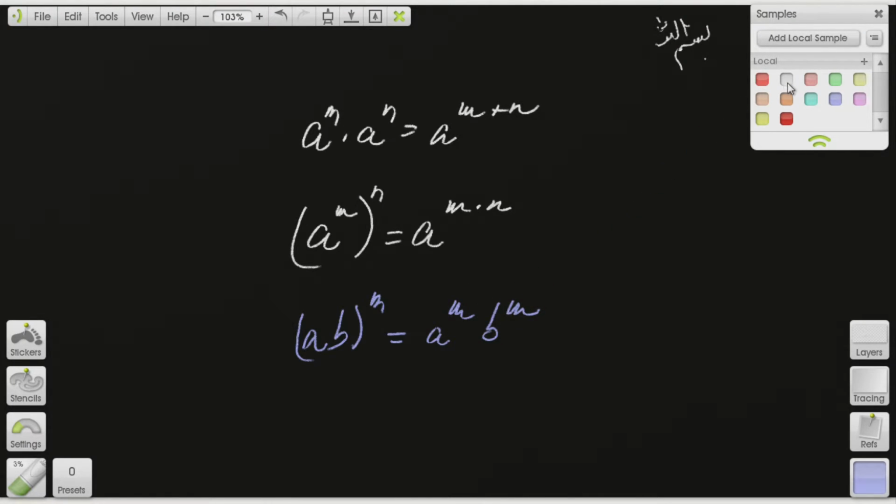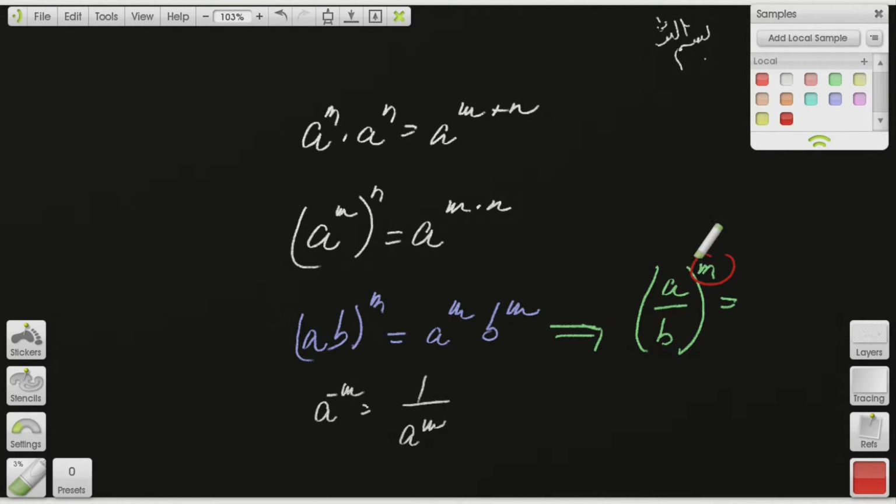Like this, a times b to the power n is this. That's the distributive property. A to the negative m is 1 over a to the m. Now, there's another rule that is a corollary to this. If you have a fraction like this, a over b to the m, you can distribute this also. That becomes a to the m over b to the m. See?